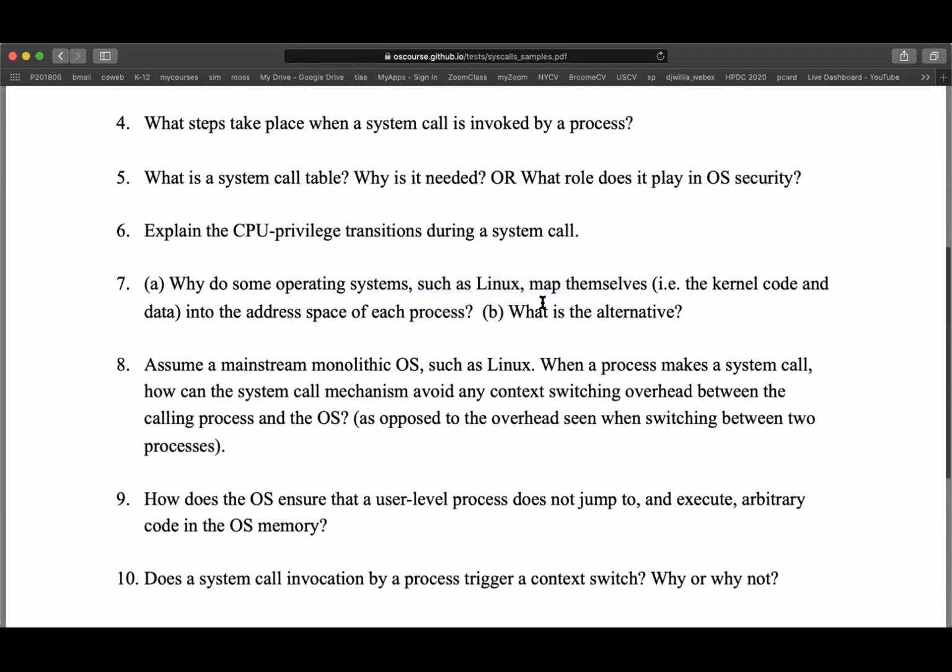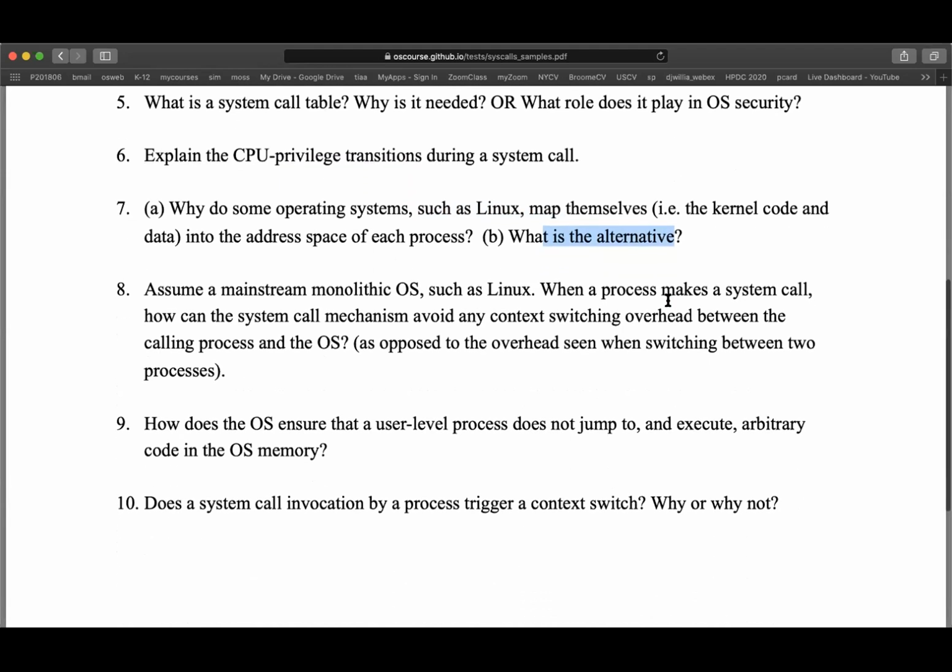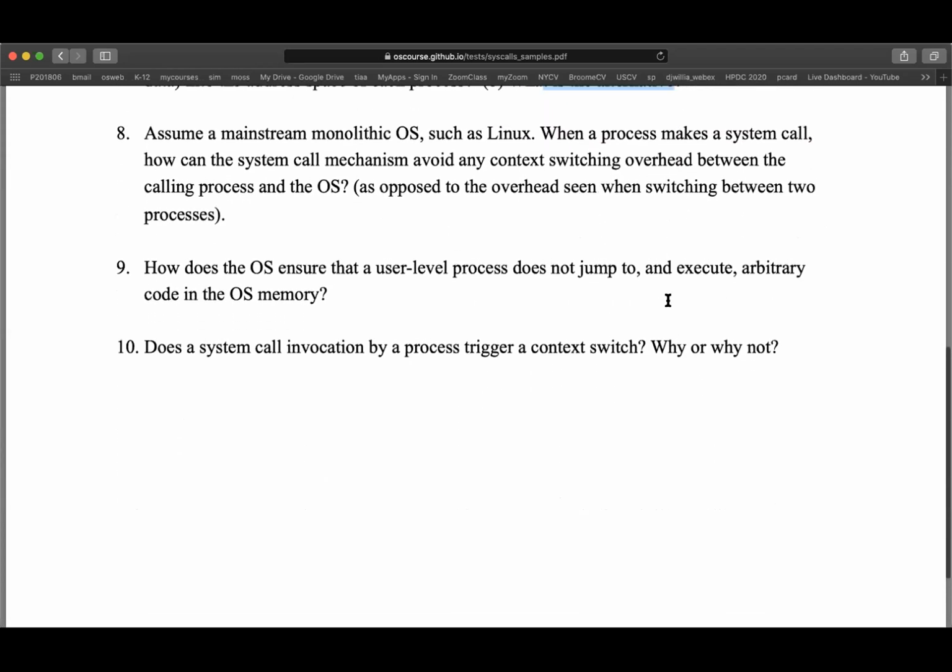As a result, there's an alternative where you can have the OS running in a separate address space. Then when you make a system call, it becomes a remote communication from one process to another address space. So system calls become more expensive.